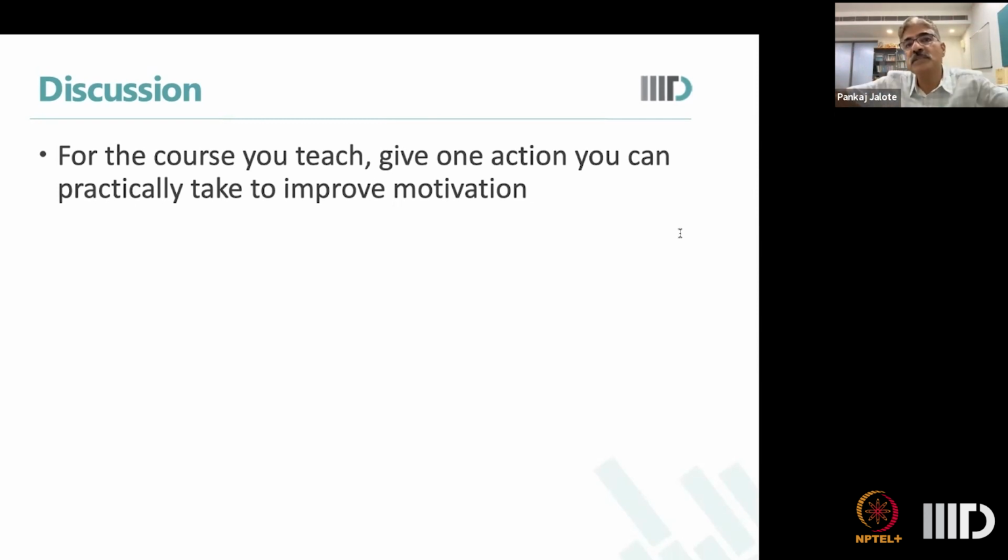Based on that, they can learn so many other things. How will it help them build skills? How, in the path to a professional career, that's an important step that they have to take. So they understand the value of this, right? I think that's at the very least what all of us should do in our first lectures.